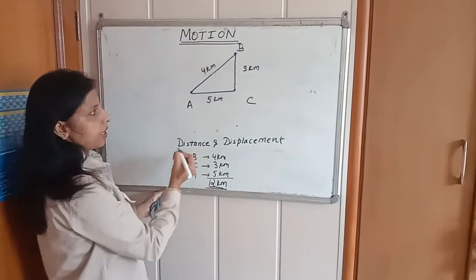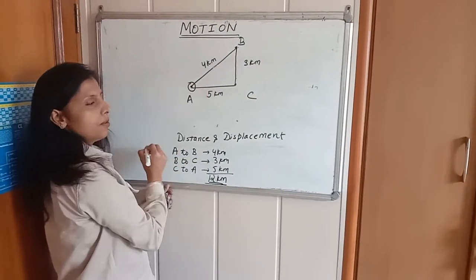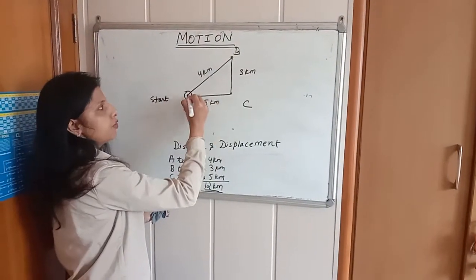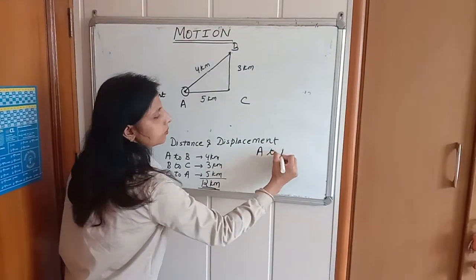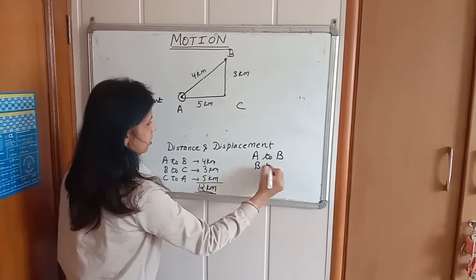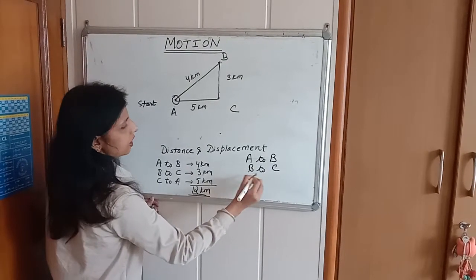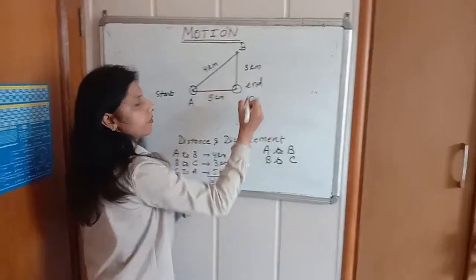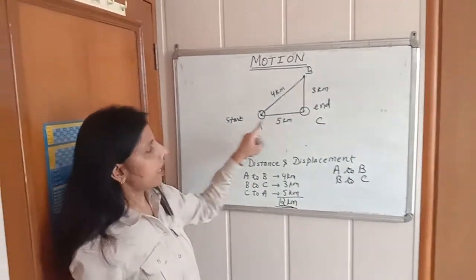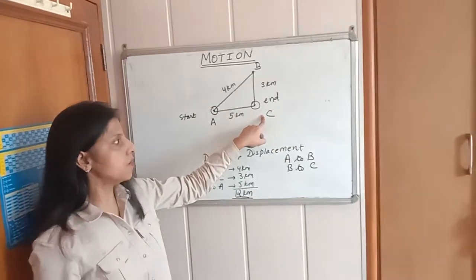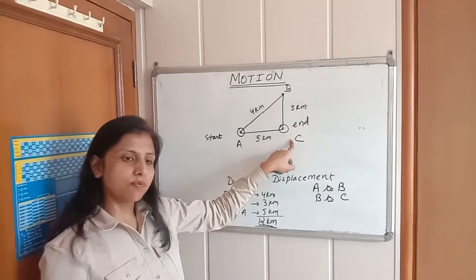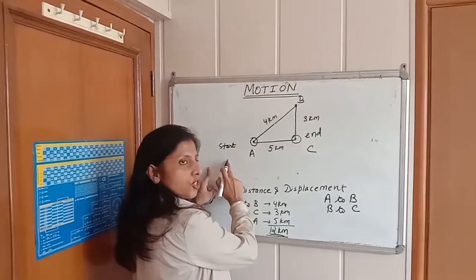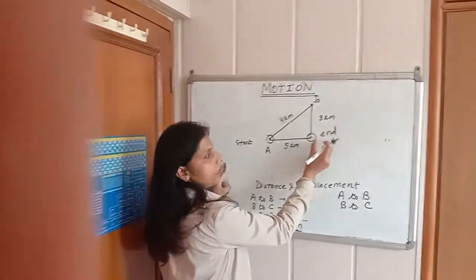So what is displacement now? In the same figure, the body has started from A. So this is the starting point. Maybe it has moved from A to B, then B to C, and let us take it that it is at C only now. The starting point is A and now it has stopped at C. The ending point is C. Displacement is the shortest length between the initial point, or the starting point, and the ending point.